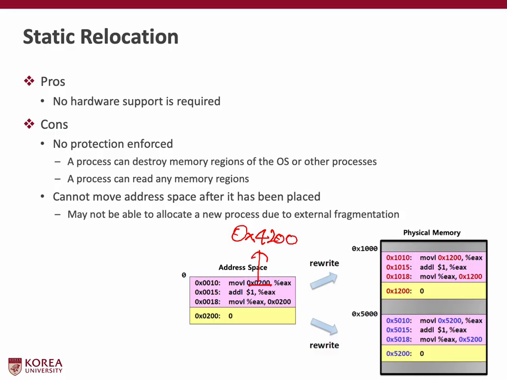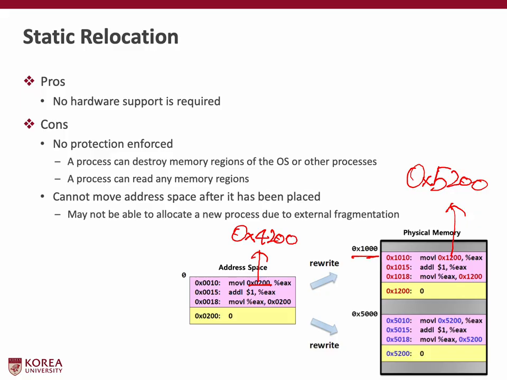Then when the program is loaded with the base address of 1000, then that address becomes 5200 in physical memory.